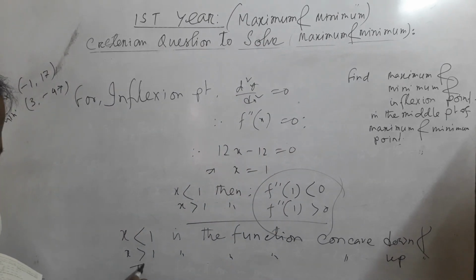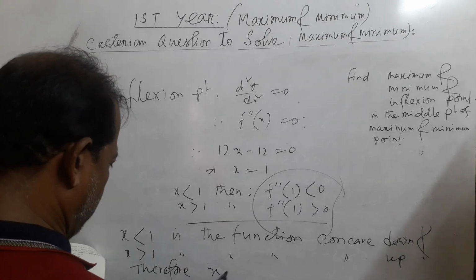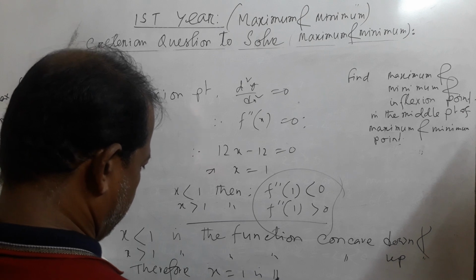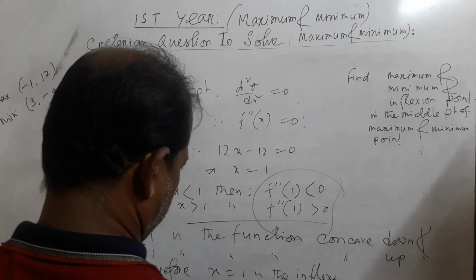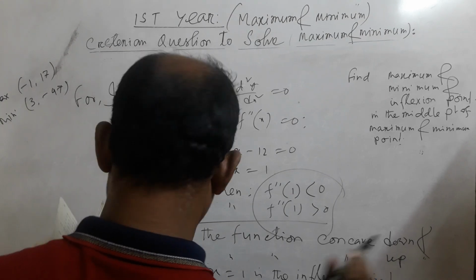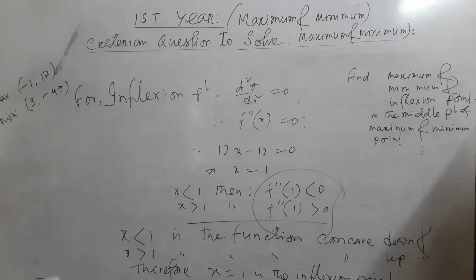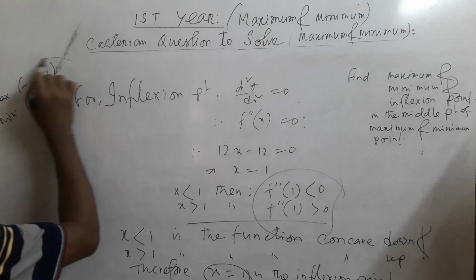Therefore x equals 1 is the inflection point. So the inflection point x equals 1 is the midpoint of these points.